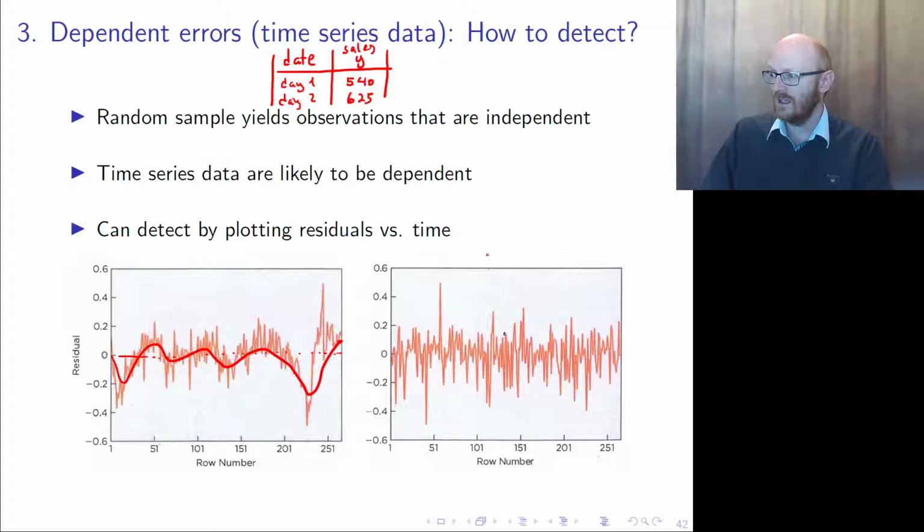This is then dependence of residuals. And here you have no evidence of dependence.